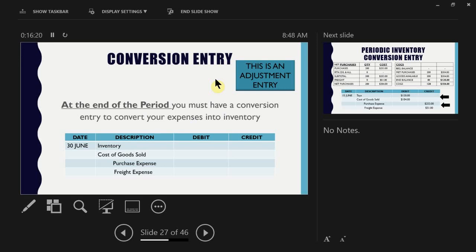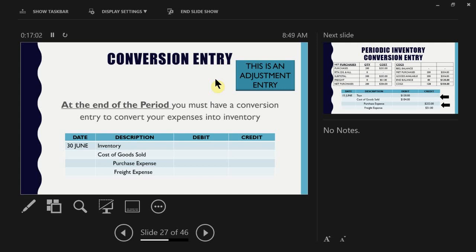We need to recognize that because we originally purchased our inventory as an expense, once you reach the end of the period and we've done our periodic inventory worksheet, with someone going down to the basement to take a physical count, we can now convert our expense and transfer it into inventory. But we can't transfer every single item, because we also sold some along the way.